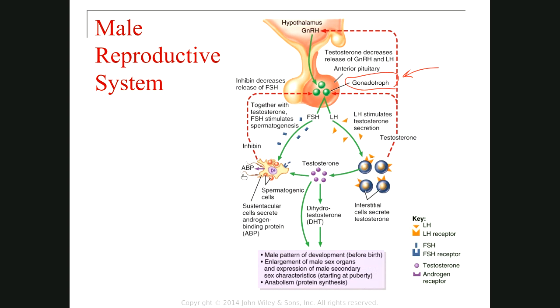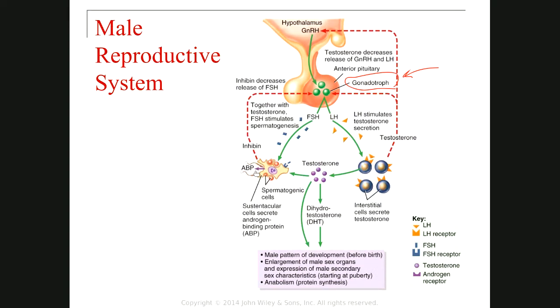So testosterone comes inside this tubule, and the testosterone can promote spermatogenesis. And also these Sertoli cells can make testicular fluid. So FSH can promote spermatogenesis, making androgen binding protein and also testicular fluid.